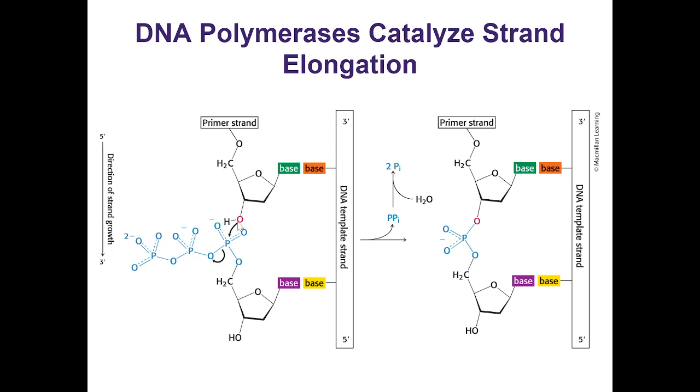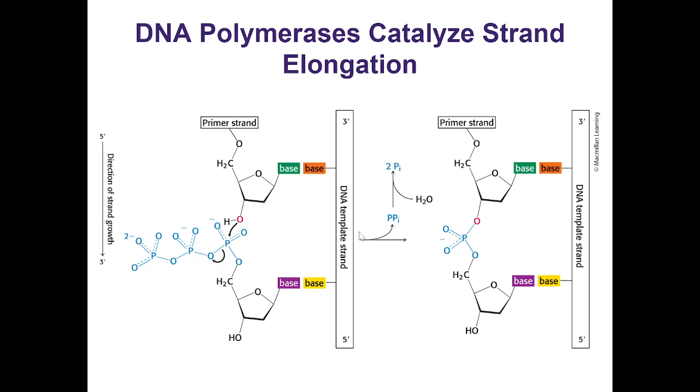We're then going to have a nice little nucleophilic attack on this phosphate here, which will cause this oxygen to leave as the PPi-free phosphoryl group, right? And then this is going to give us a phosphate linkage with the next base, which happened to match this base right here.